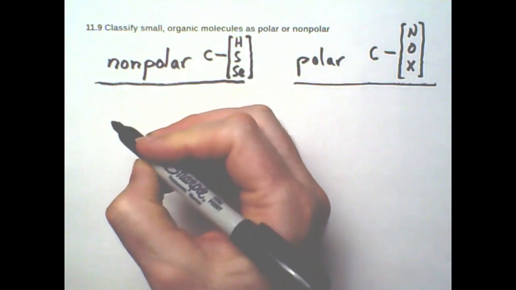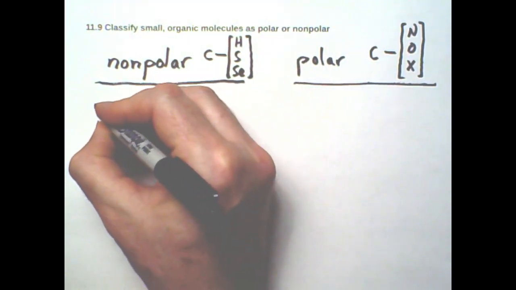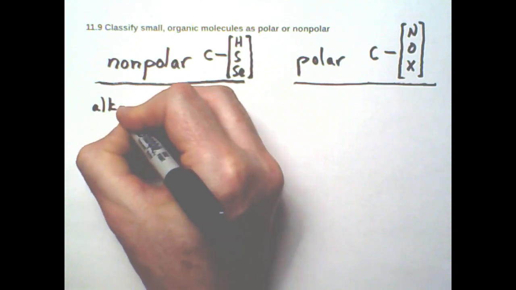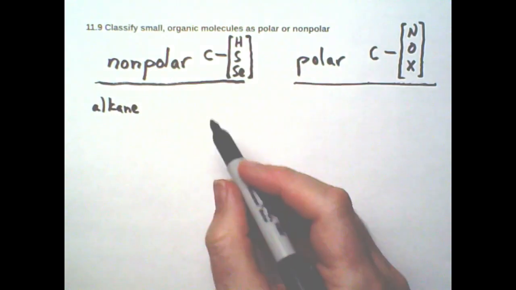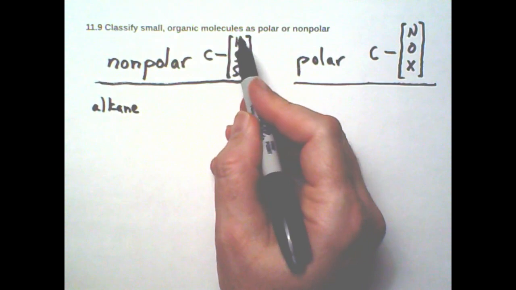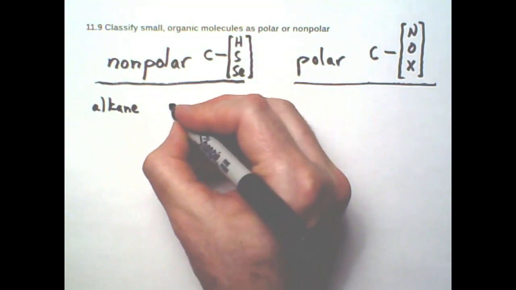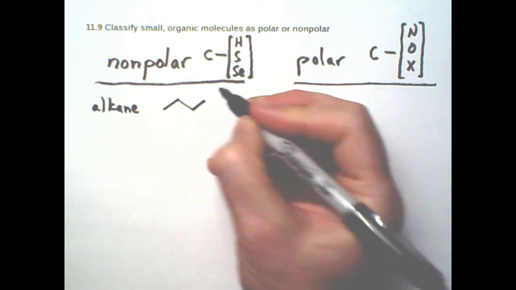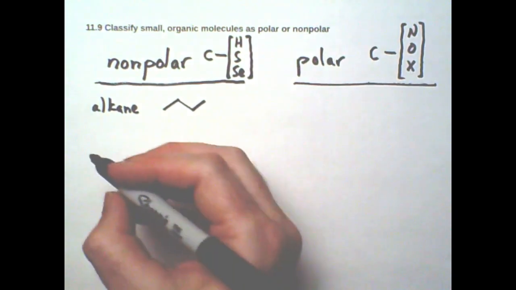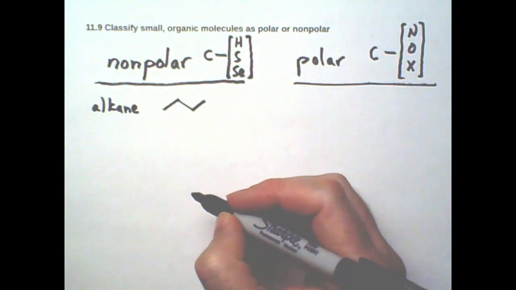So alkanes are often the first one. Anything that just has carbon bonded to hydrogen is going to be nonpolar. So something like that, nonpolar. Go to the next one, alkene.